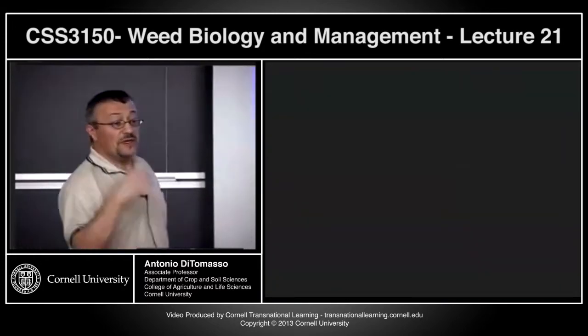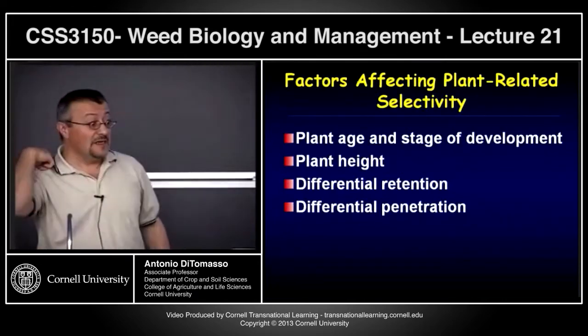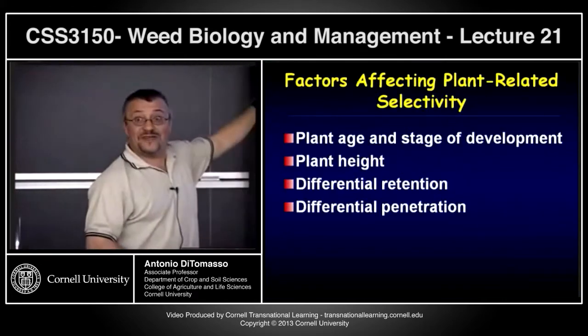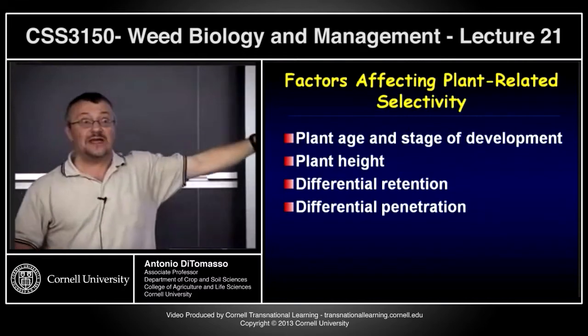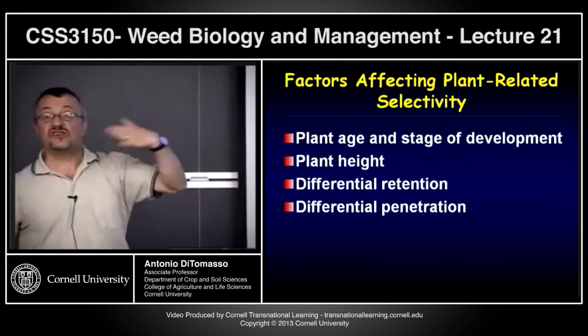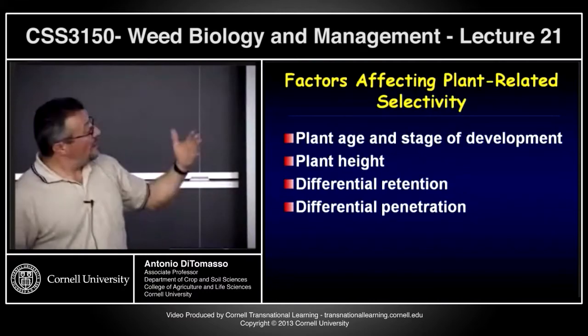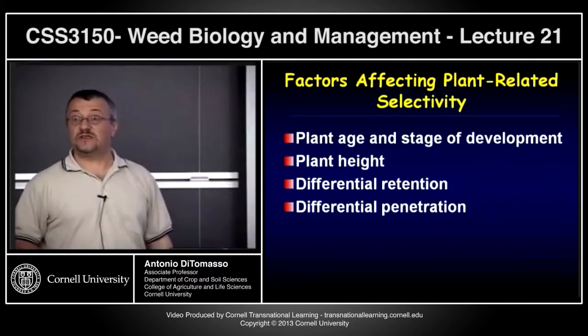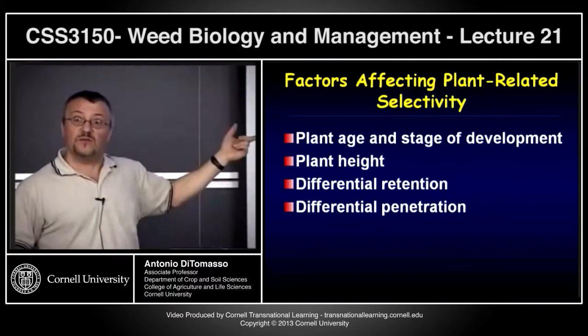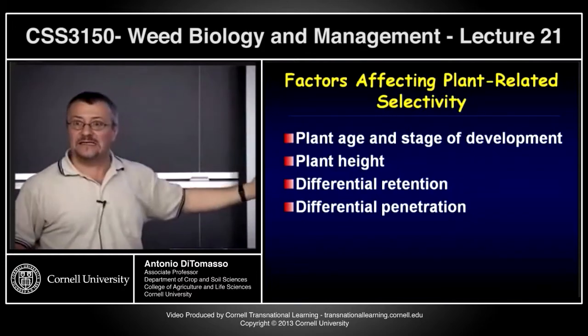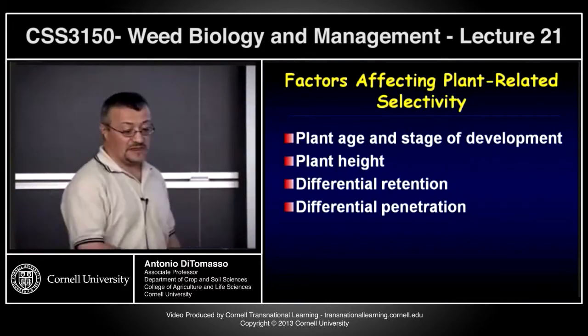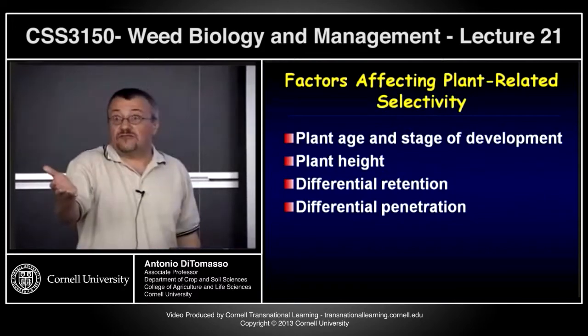Okay? Now, in some cases, we'll get selectivity because of differential retention of the herbicide on the plants, i.e. the crop does not hold on to the herbicide as well as the susceptible species of weeds. And so I'll talk a little bit about how important that is in the selection process. Penetration, same thing.